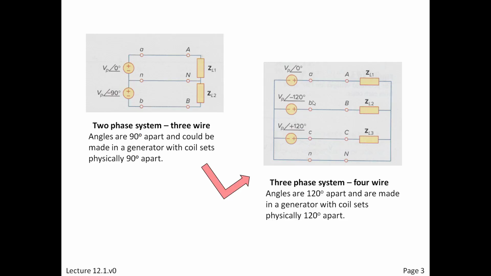That's exactly what's happened here, only now we're showing the voltage sources exactly evenly spaced 120 degrees out of phase with each other. So the basic three-phase system looking like this would come from coil sets exactly 120 degrees apart, and they would be delivering a power line and a common neutral.